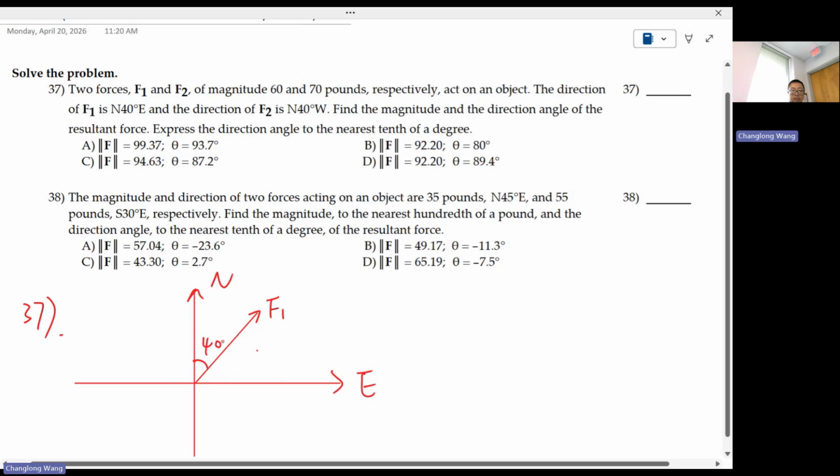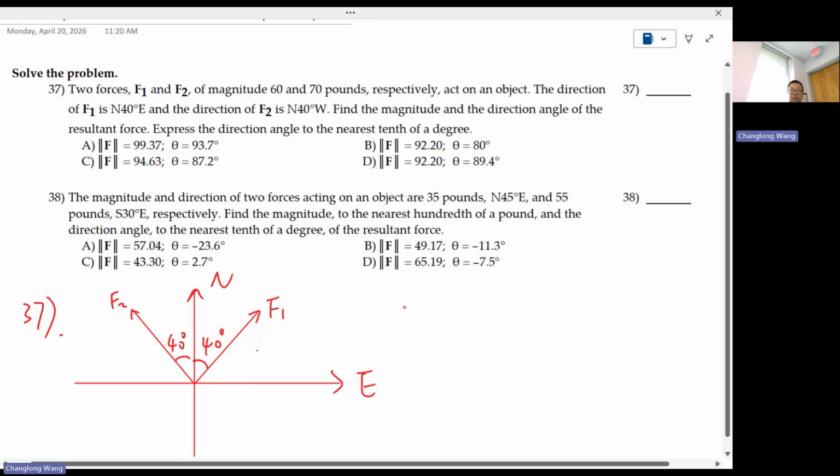This is 40, north, east, right? So start from north, turn to east by 40 degrees. Now F2, north 40 west. So it'll be on the other side. That's F2. That's 40 degrees.